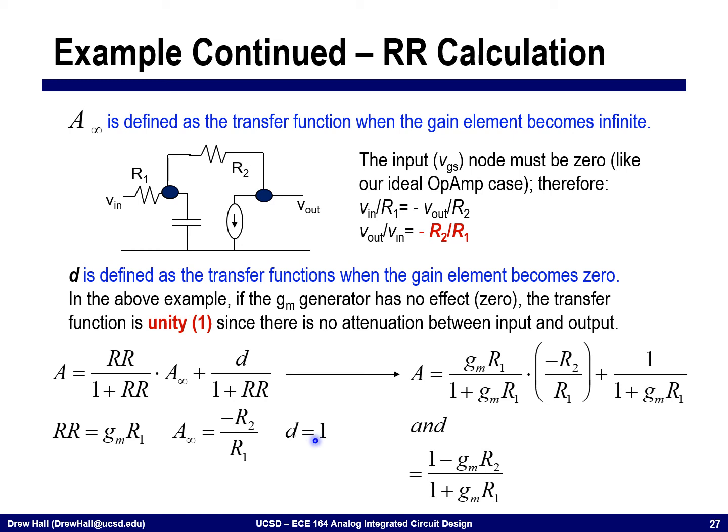And so this gives us the closed loop transfer function: A is equal to GM R1 divided by 1 plus GM R1, times minus R2 divided by R1, plus 1 over 1 plus GM R1. More importantly, we also now have this loop gain term that we can use to calculate and assess the stability, in addition to the closed loop transfer function.